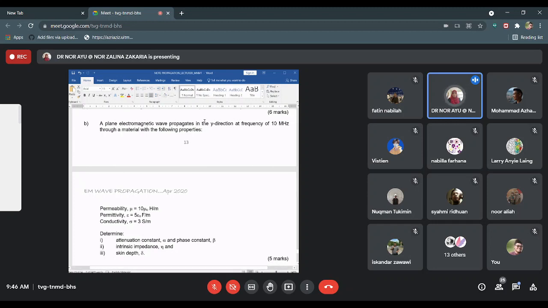Plane wave propagates at 10 megahertz through a material with the following properties. Permeability is mu, permittivity is epsilon, conductivity is this. Determine the attenuation constant. So you need to find alpha. Refer back to the equations.